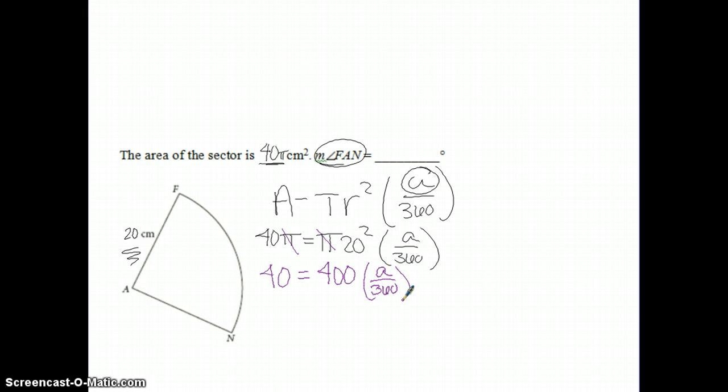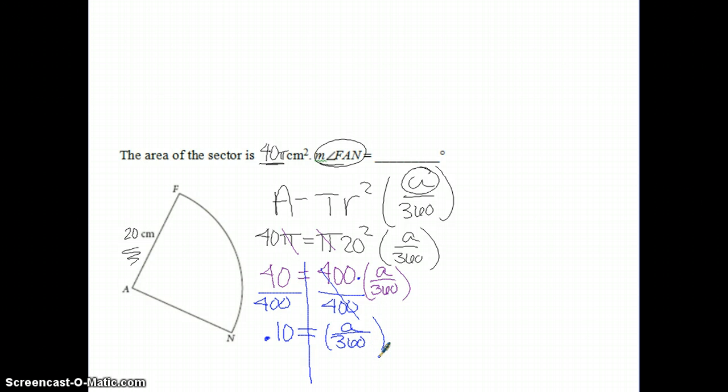Now we're just going to apply some of our algebra skills that we've been working on all year. I know that this operation right here is multiplication, so to undo it, I will divide by 400 on both sides of my equal sign. Sometimes we draw this line to keep us organized. 40 divided by 400 is 0.10 equals a over 360.